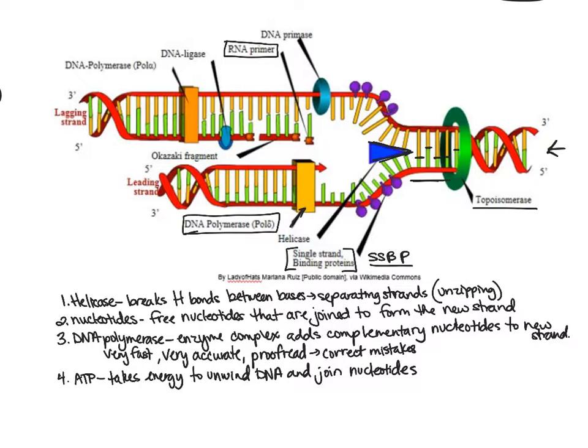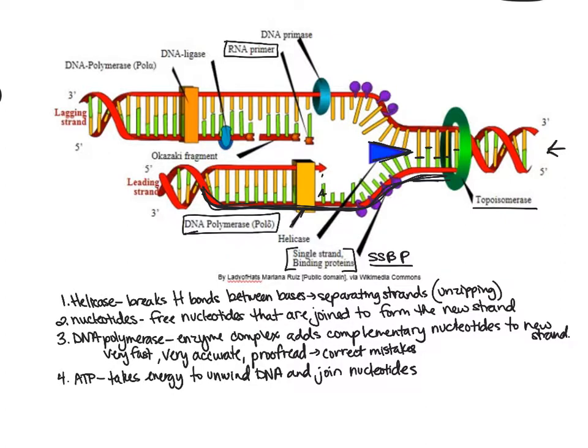So we start with a little chunk of RNA, and the RNA primer is going to be attached to the DNA first, and then we're going to go through with our DNA polymerase, and it's going to read the original strand. So let's say down here we have the original strand right here. It's going to read this green base-paired original strand, and as it's doing that, it's going to read each one just like we mentioned.